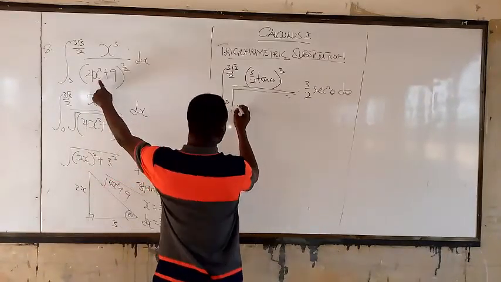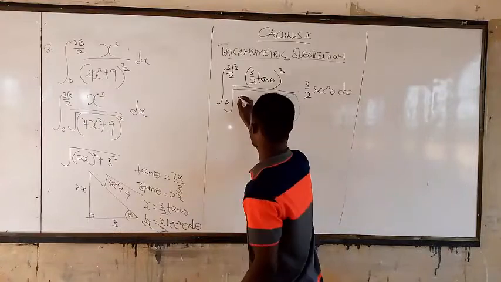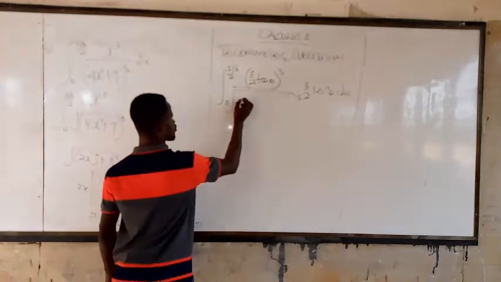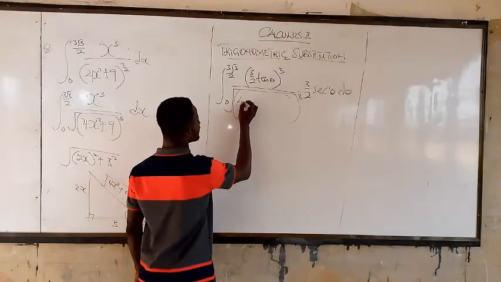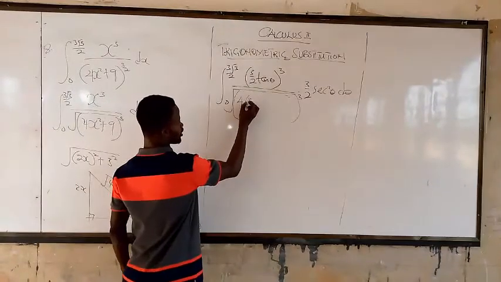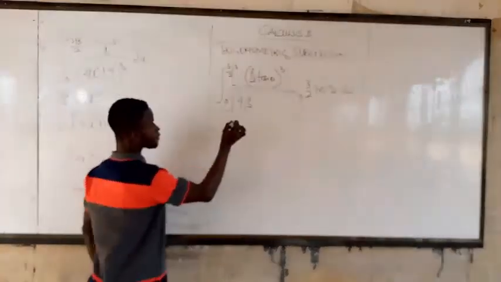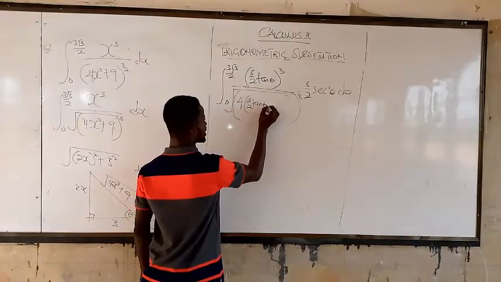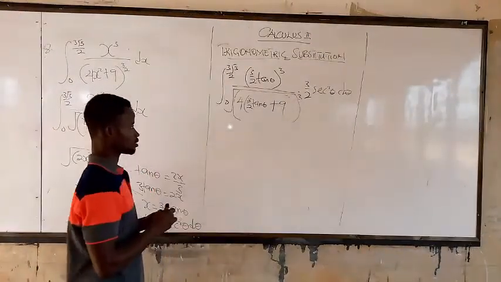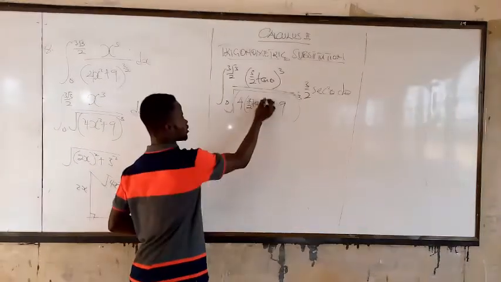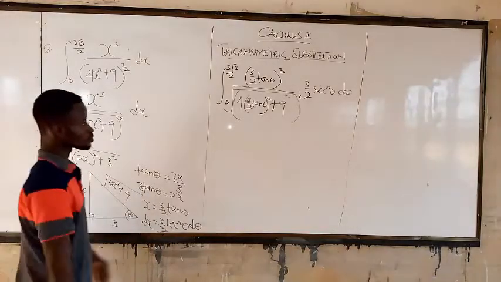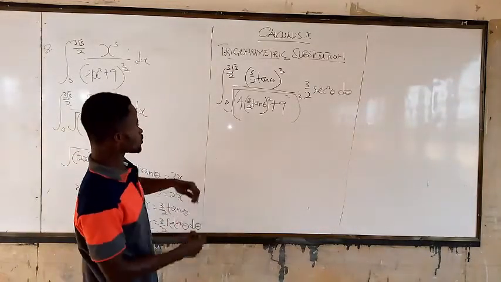So in the inside here, don't forget that we have all these to the power 3. So the inside here we have 4 times the s, which is 3 over 2 tan theta, squared, plus 9. That is the s.